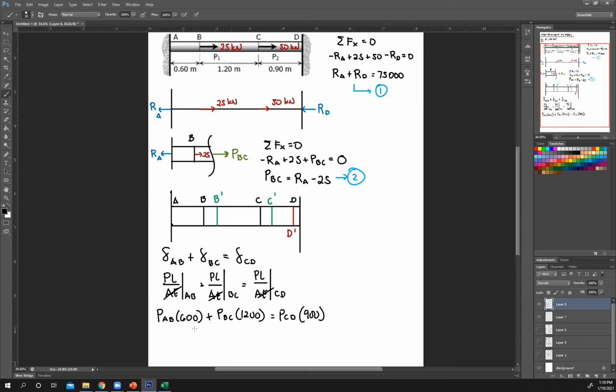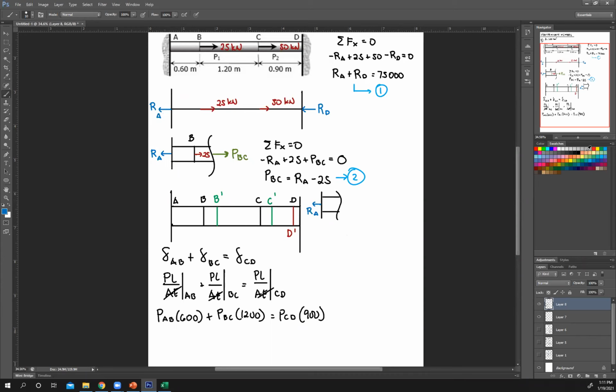Now look here. My unknowns are increasing. I don't know PAB, PCD, but if you remember what we did earlier, let's redraw. Quick drawing. So you have RA over here.